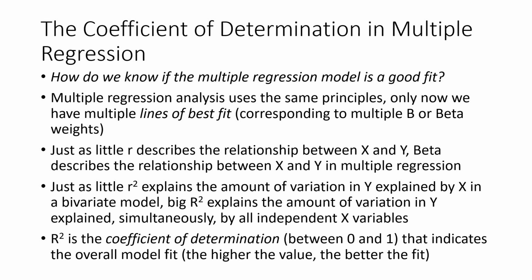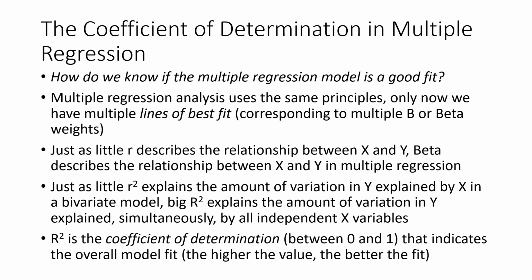And just as in the context of bivariate regression, little r squared explains the amount of variation in y explained by x, the same is true of what we call big R squared or capital R squared in multiple regression. So a big R squared in multiple regression explains the amount of variation in y that is explained simultaneously by all of our independent variables combined.